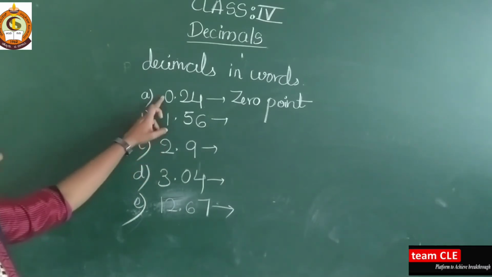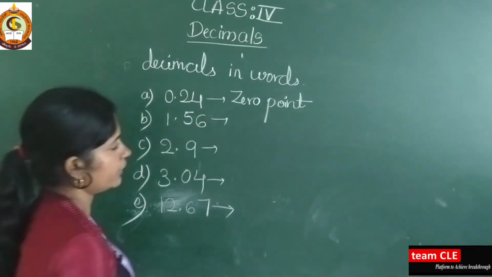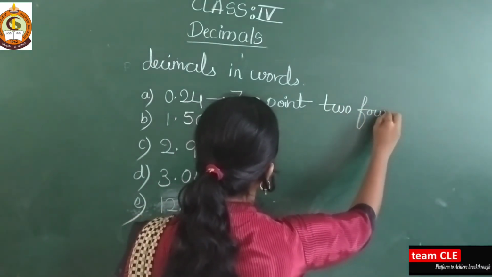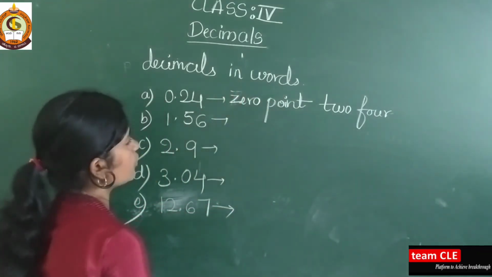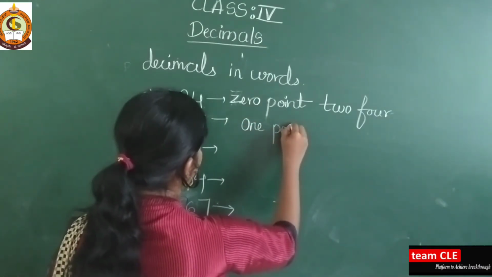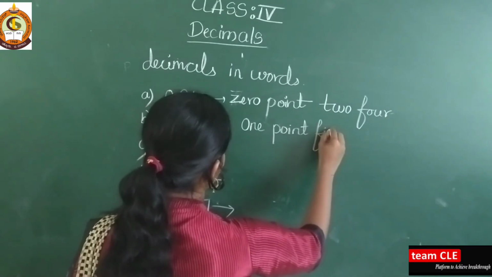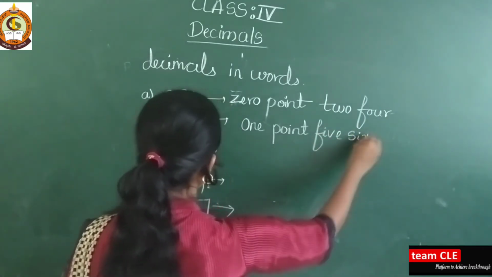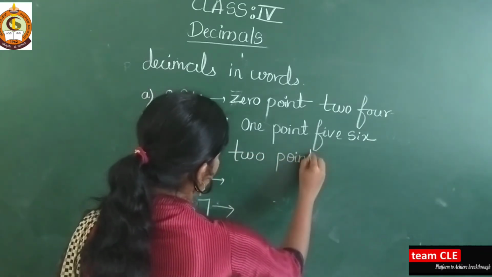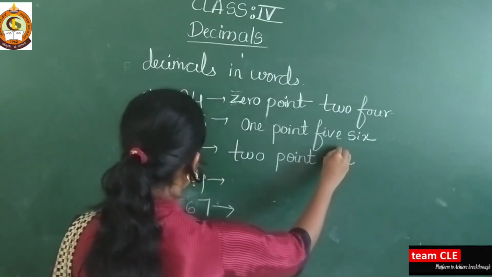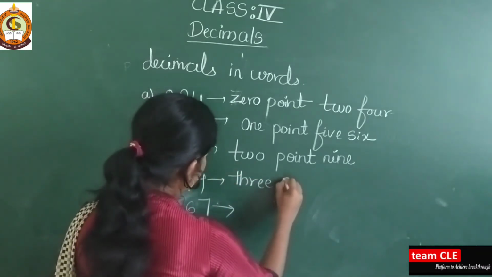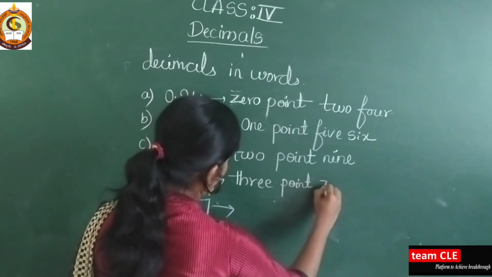How are we reading 0.24? Zero point two four, and all letters should be small. 0.24. Next 1.56. Next 2.9. Next one is 3.04.